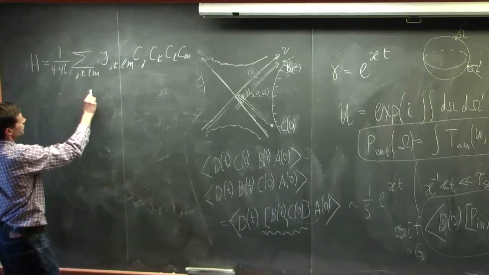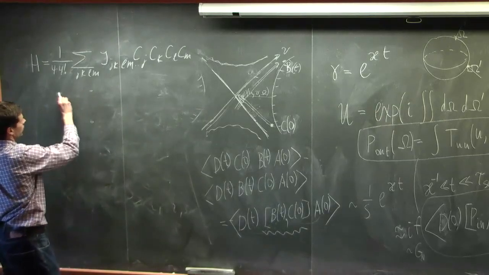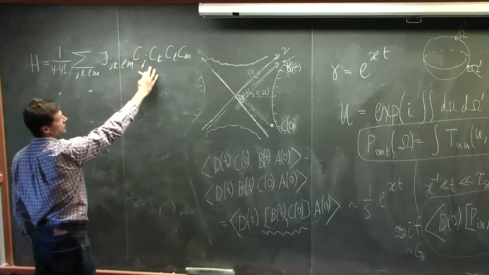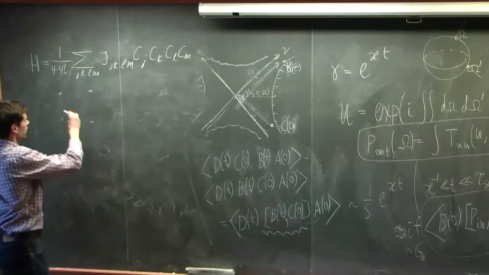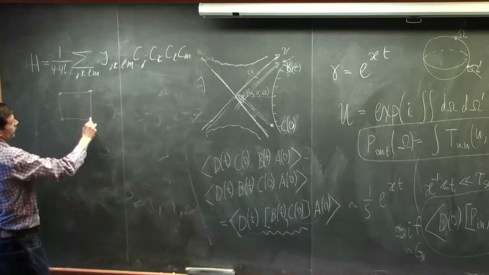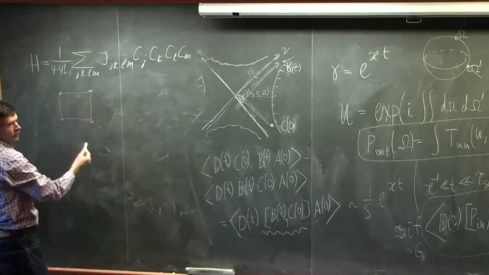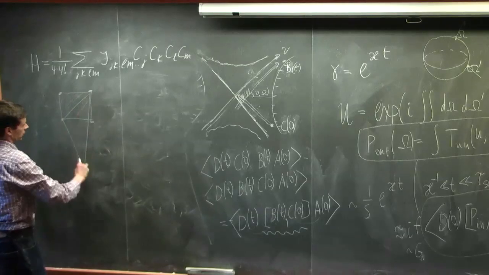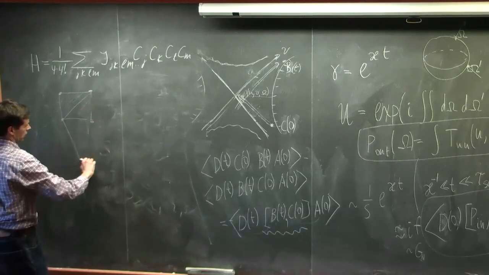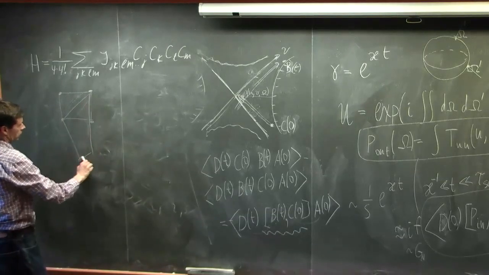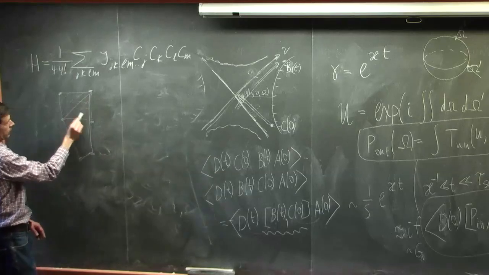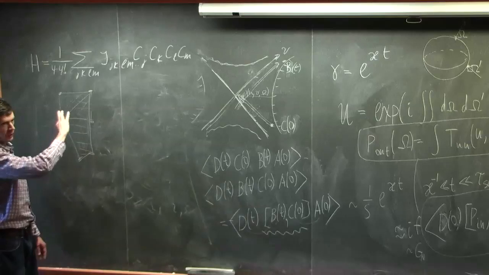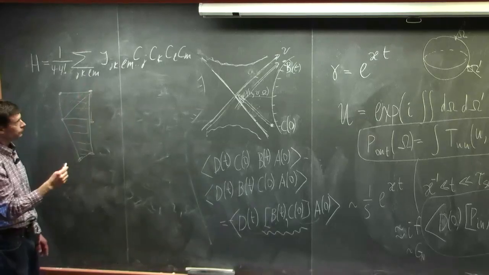So there is a bunch of real fermions, Majorana operators. C sub j is a Majorana operator. And they interact in groups of 4. But these interactions can involve any combinations of four sites. It's a hypergraph of order 4.